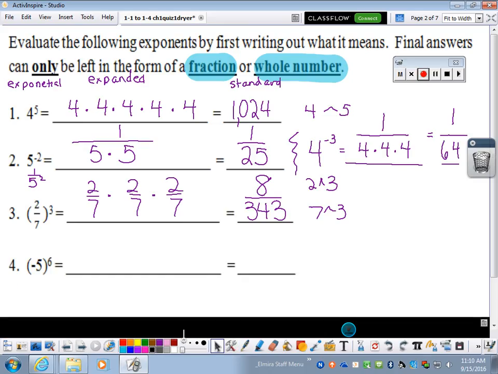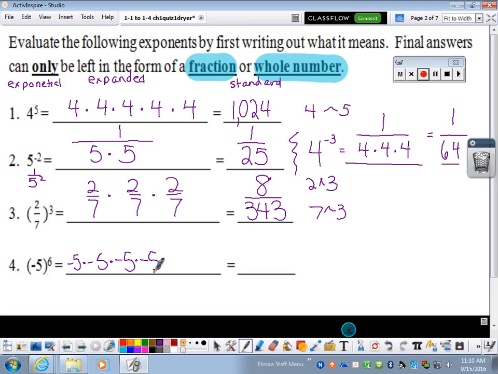Alright, and the last one in this section, negative 5, 6 times. Don't forget the times dots in between each one. It is wrong without the times dots. 1, 2, 3, 4, 5, 6. Now, you're welcome to type this in. If you do, remember to put parentheses.